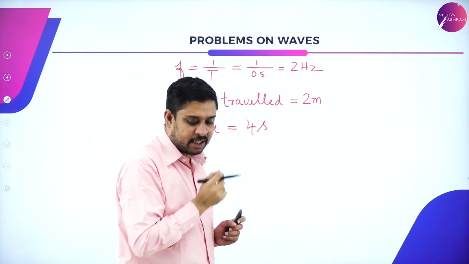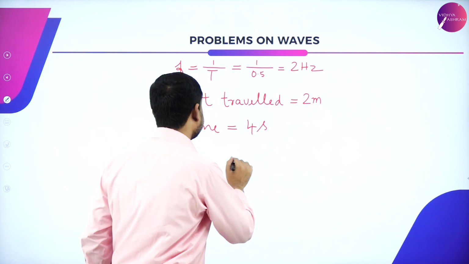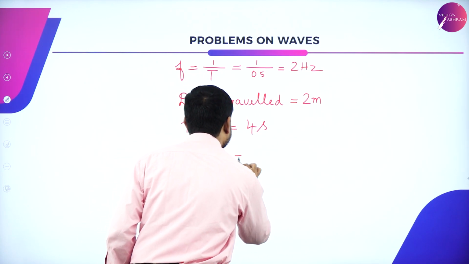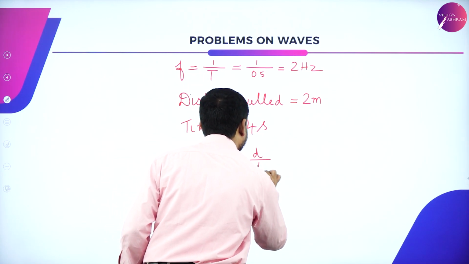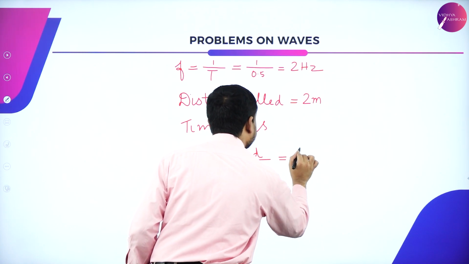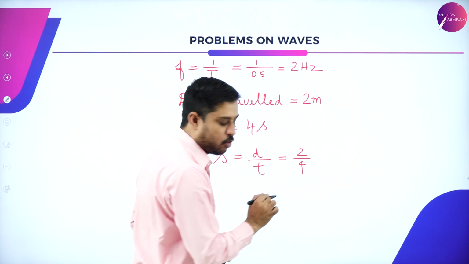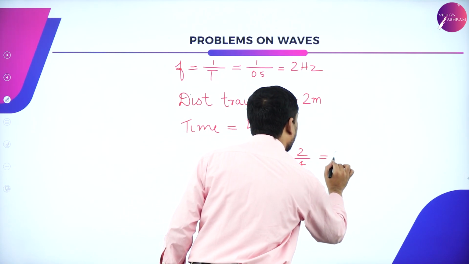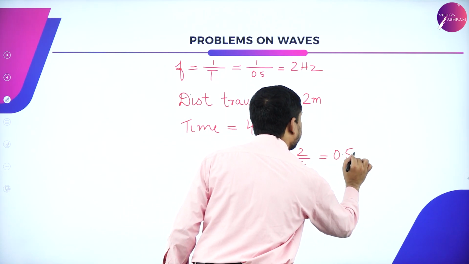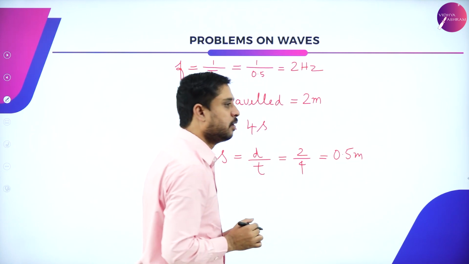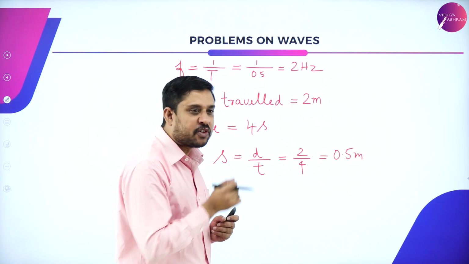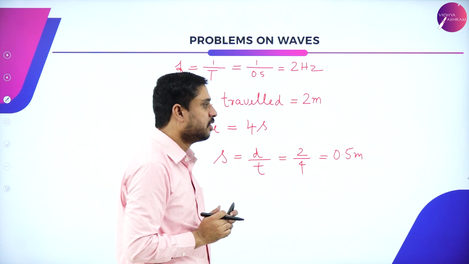So how will I calculate speed? The speed is distance traveled by time. So distance is 2 by 4, which is equal to 0.5 meters per second. With this, I have to calculate wavelength.